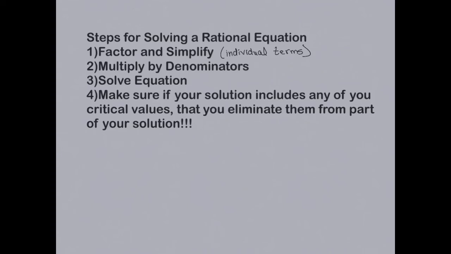But anything that's adding or subtracting, those are terms, and you're going to only simplify them individually. And then you're going to multiply by the common denominators to be more specific. And then you're going to solve the equation, which is a polynomial equation.